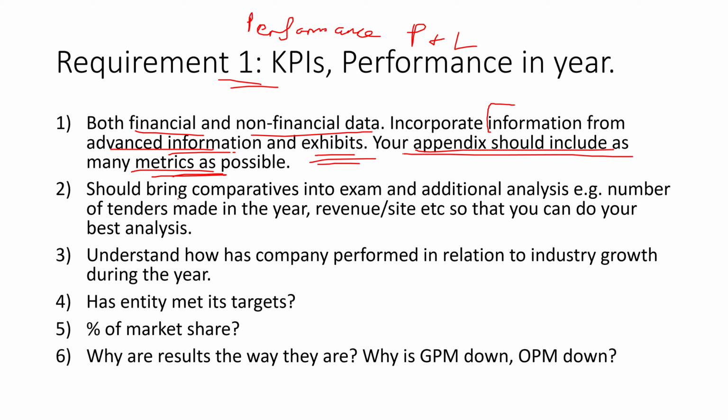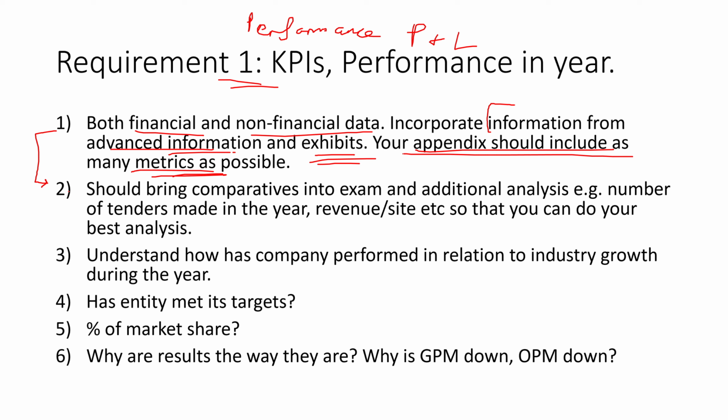You should bring in comparatives into the exam that you can easily refer to, and that are presented in a format that you can use in the exam. So when I say comparatives, I mean prior year results. And also have other metrics on there, like revenue per site, number of tenders in the year, tender price per site.